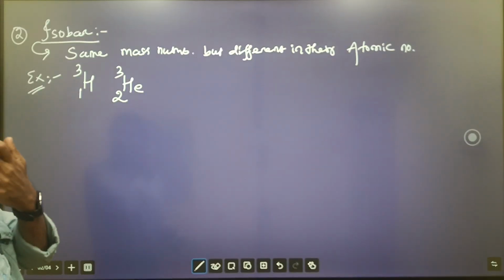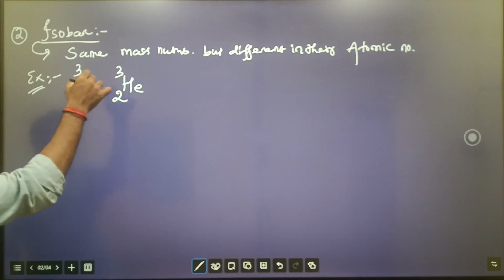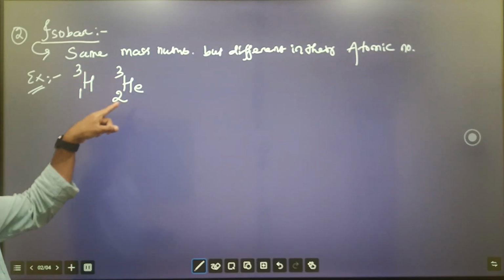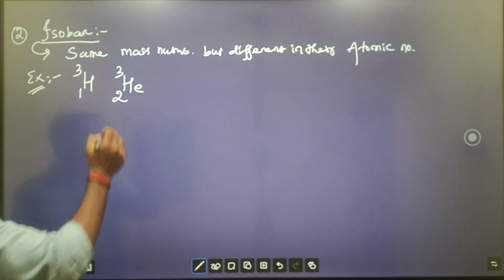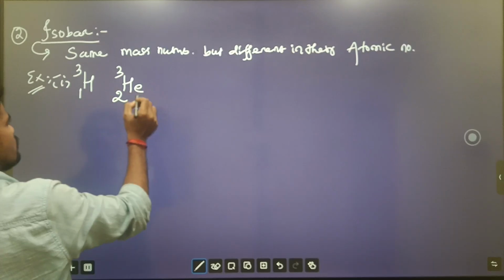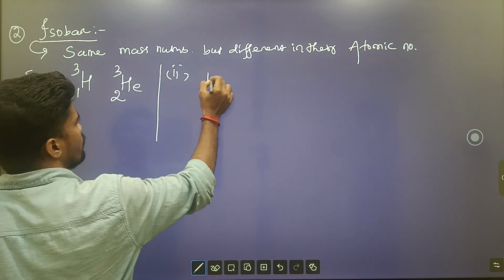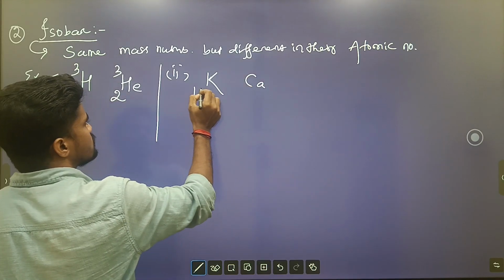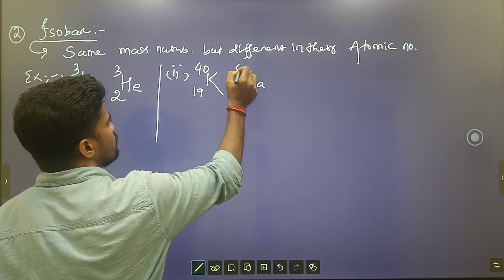So isobars have the same mass number but different atomic number. The mass number is the same for tritium and helium 2 3, but the atomic number is different. One more example, example 2: potassium and calcium, 19 40 and 20 40.